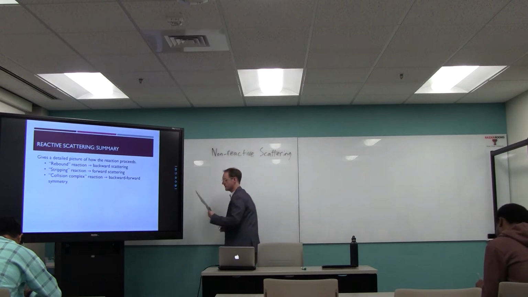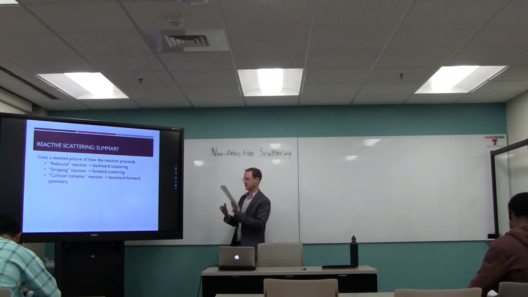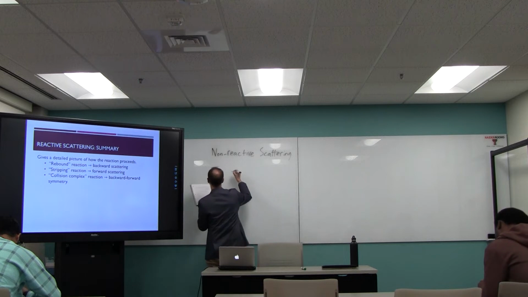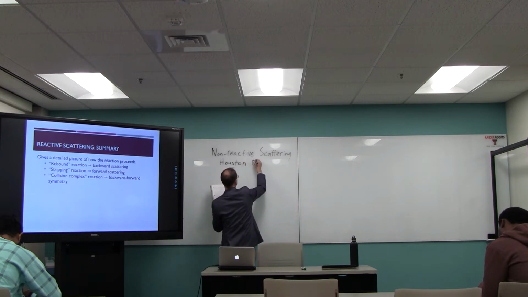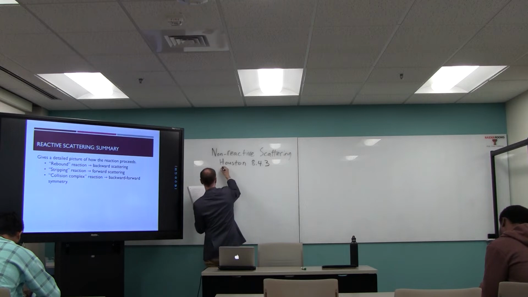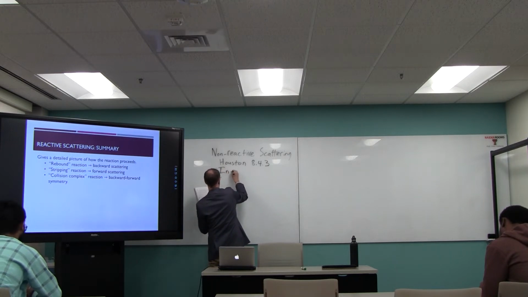Non-reactive scattering can be either elastic or inelastic. So I'm now following Houston, section 8.4.3, if you want to read along in the textbook. And this is on inelastic scattering.